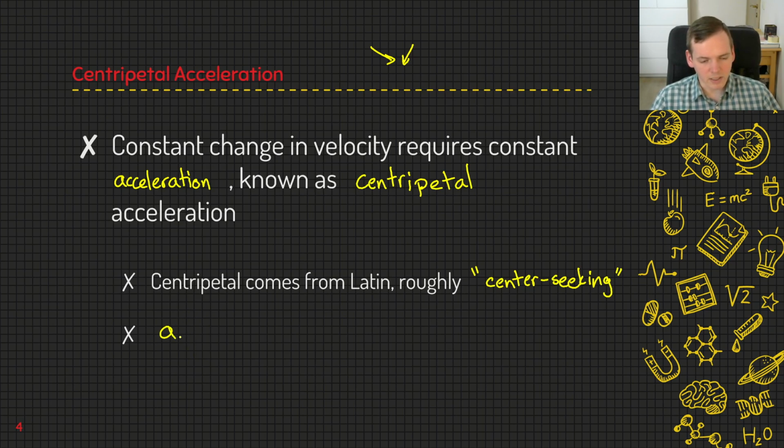And you can calculate it as a_c equals v squared over r, where r is the radius of the circular path and v squared is the speed squared, and this tells you how much it is.